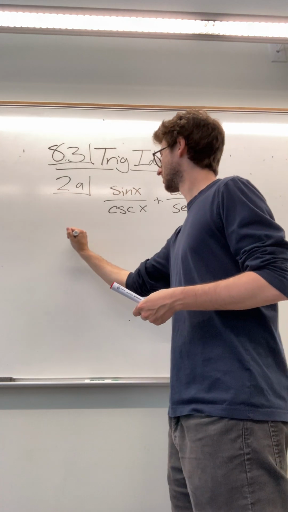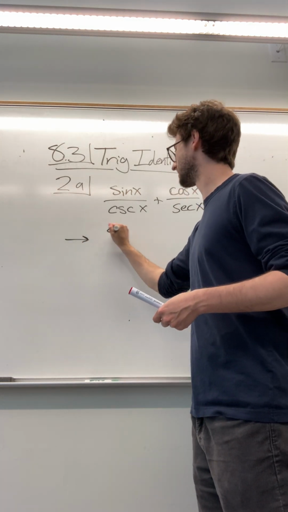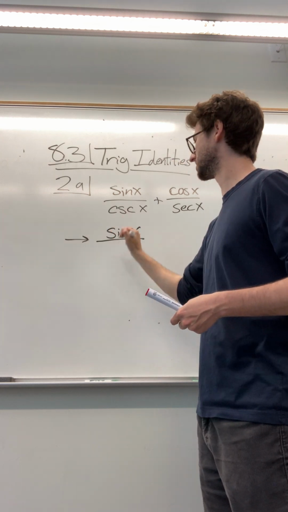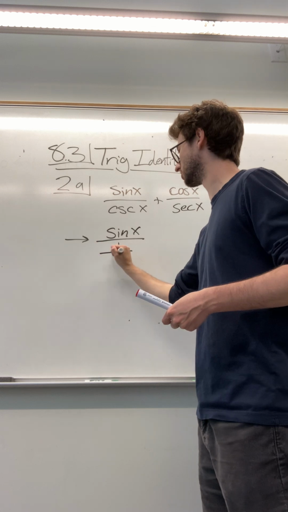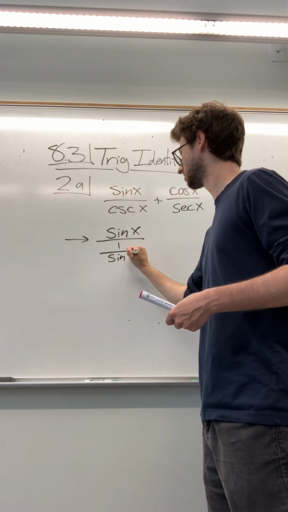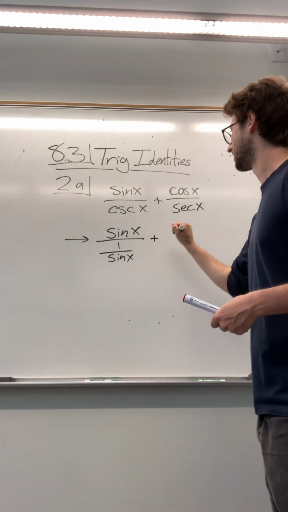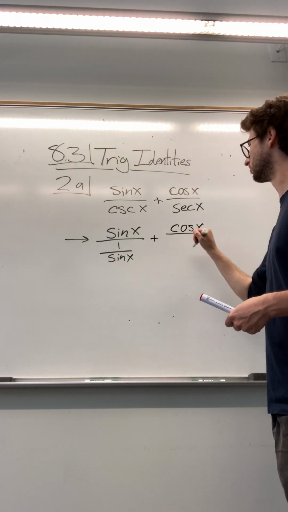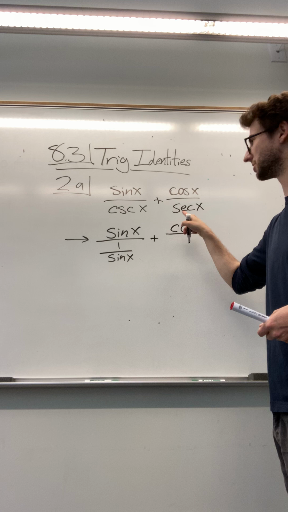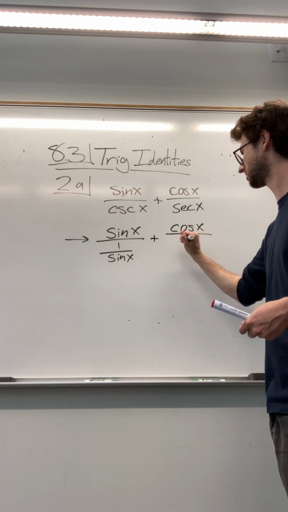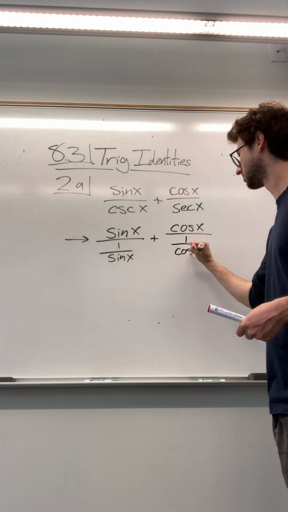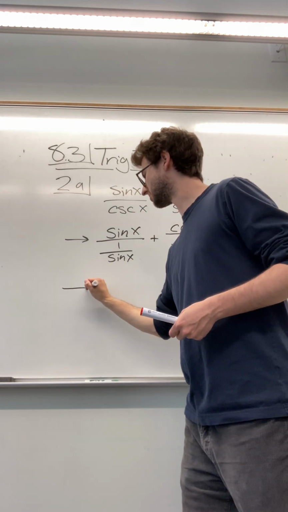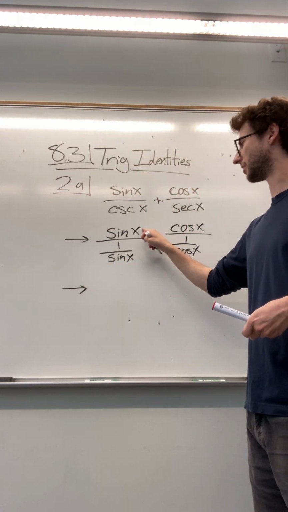So this is the same thing as sine of x over cosecant, but cosecant is 1 over sine of x, and on the right I have cosine x over secant, and secant is 1 over cosine of x. And so now I'm just going to simplify this further because I have a fraction.